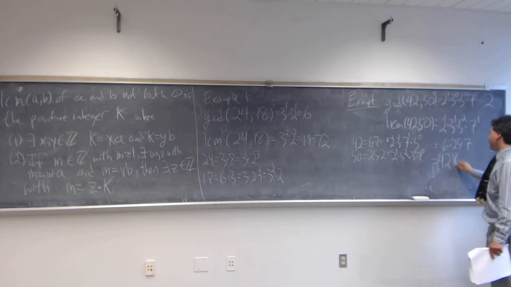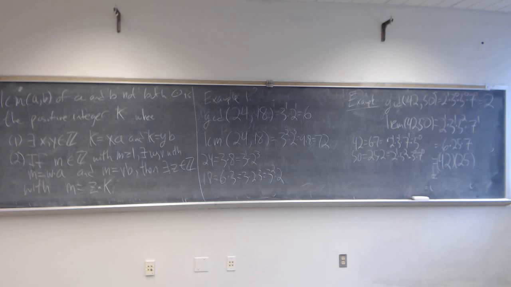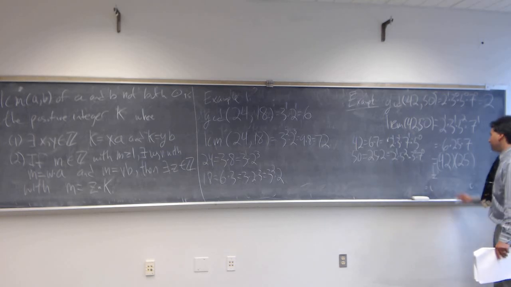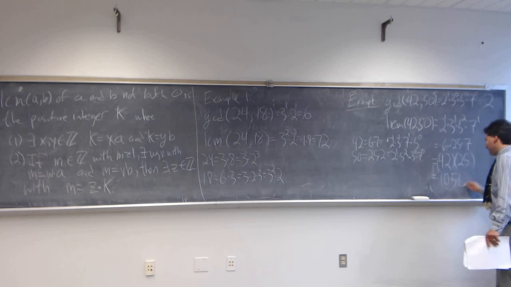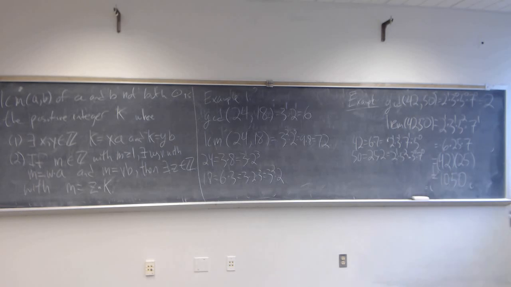42 times 25. And if I do that mentally, what I'll do is I'll do 42 times 100 is 4,200. Then if I divide that by 4, divided by 2, it's 2,100. And divide that by 2, it should be 1,500.